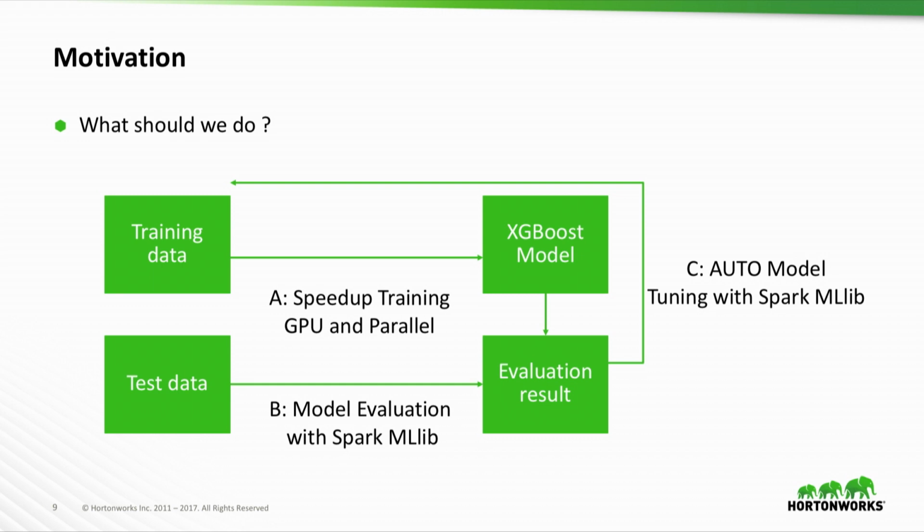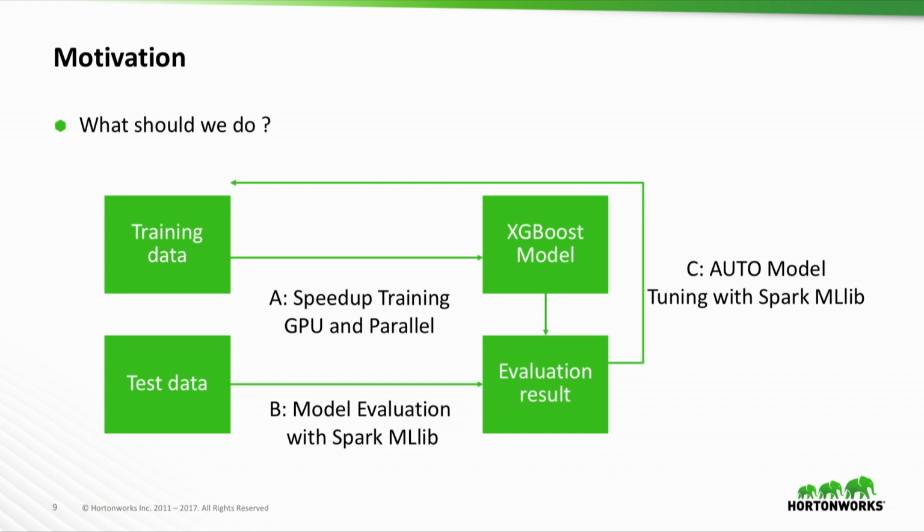For model training, we can use GPU to accelerate. We can also use distributed XGBoost to accelerate the training process. And for model evaluation and model tuning, we need some frameworks.